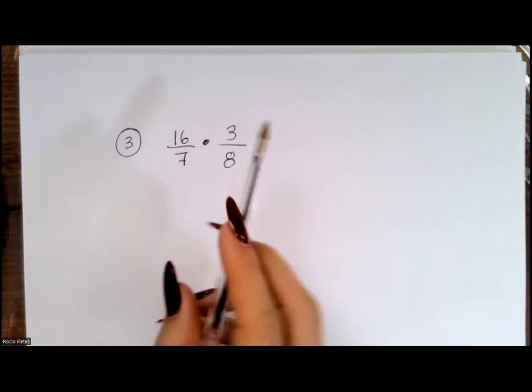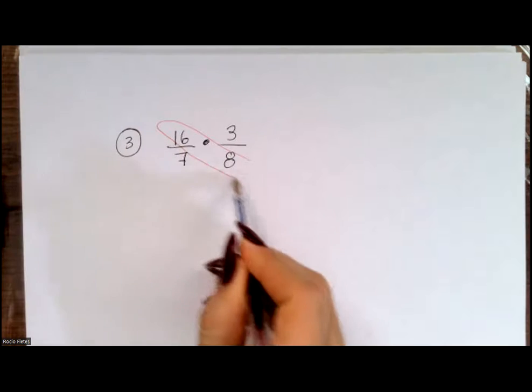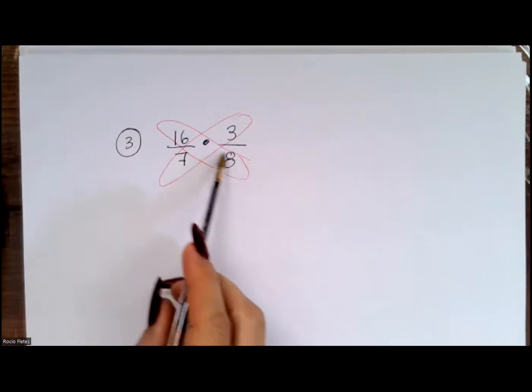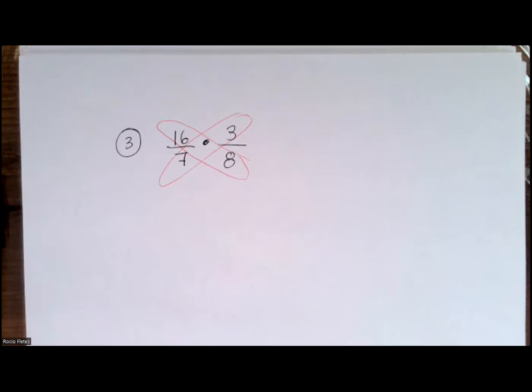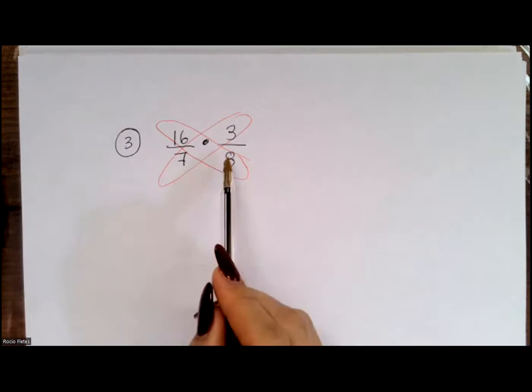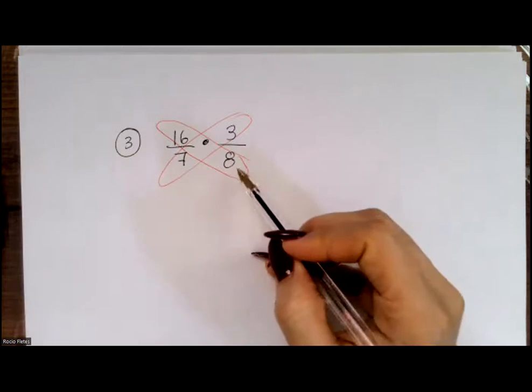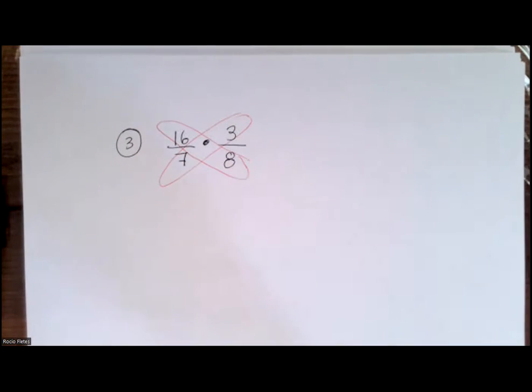So you see the diagonals here, 8 and 16, and then 3 and 7. Let's work with the 8 and 16 and find the largest number that goes into both. 2 works, but that's not the largest number. 4 works, but that's not the largest either. 8 goes into both. 8 goes into 8 one time, so I scratch this out and write 1.